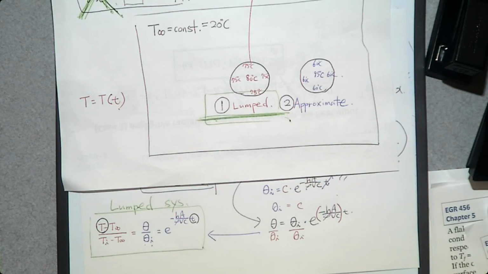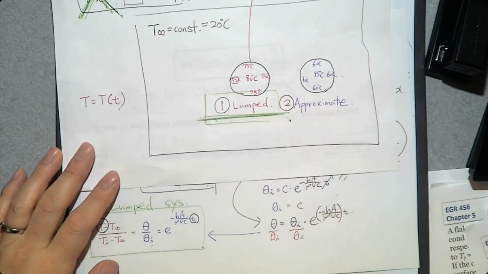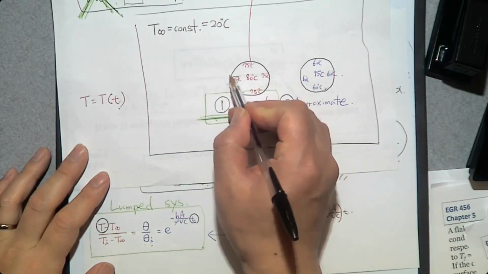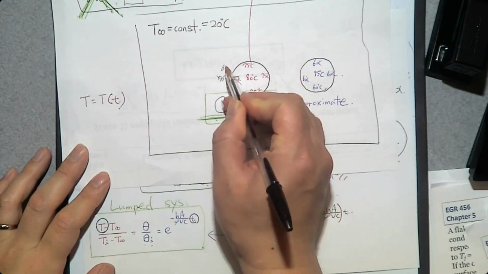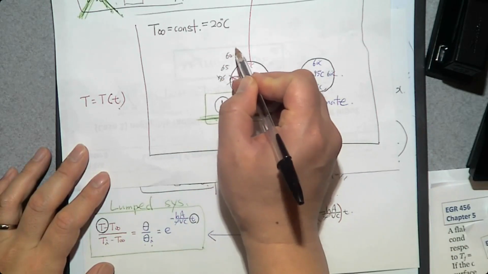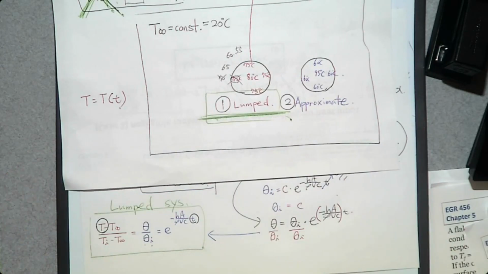We assume that the temperature in the solid is almost uniform. But how uniform? What about if the center is 80 and the surface is 75? What if the surface is 70? What about 65, 60 or 55? How much temperature difference can we accept to assume a lumped system?